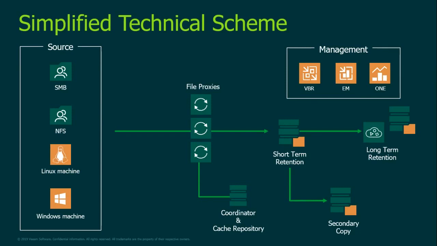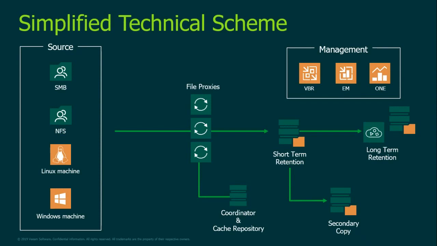Then, if you see below that file proxy, there is something called coordinator and cache repository. This coordinator and cache repository is the place which does a CRC check of your NAS. Just imagine you have, let's say, 64 TB of unstructured data in your NAS box, and we are backing up that NAS box. That 64 TB is being accessed by a number of users and modified on a daily basis.